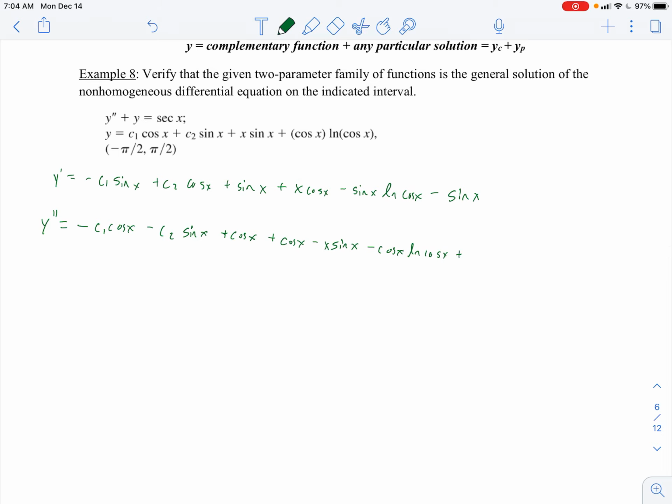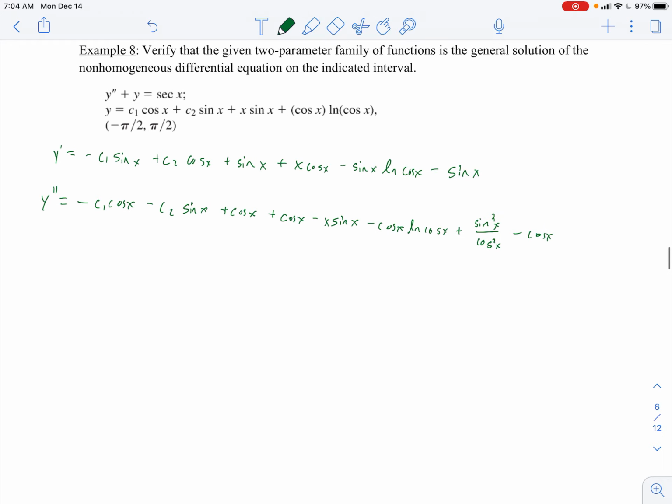And then we're going to have a cosine out in front. And then we have a sine out in front, so it's going to be sine squared x over cosine x. Minus cosine x.